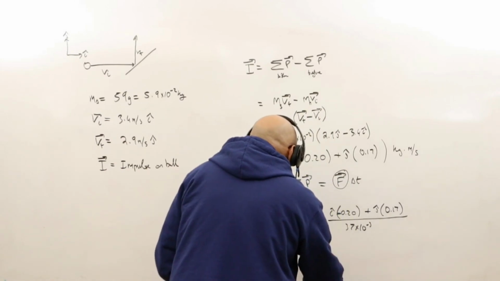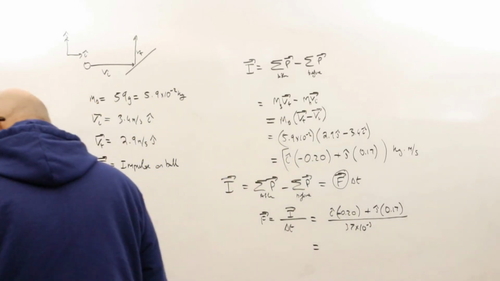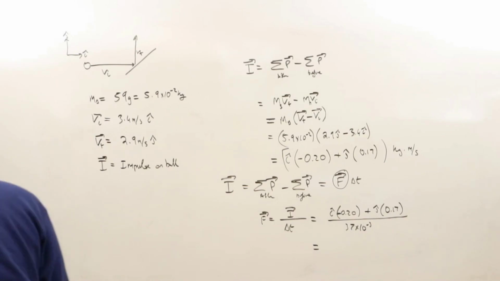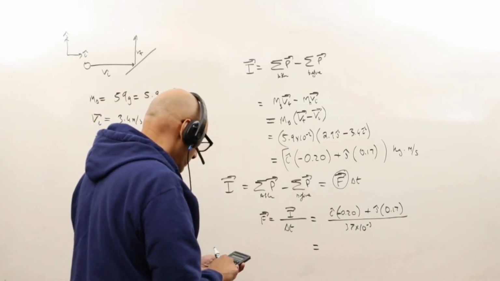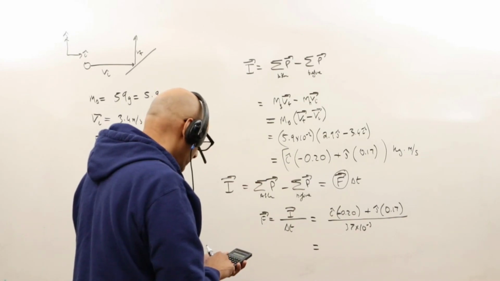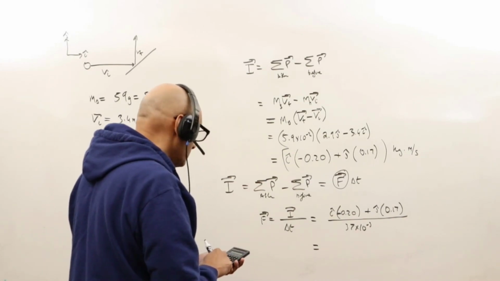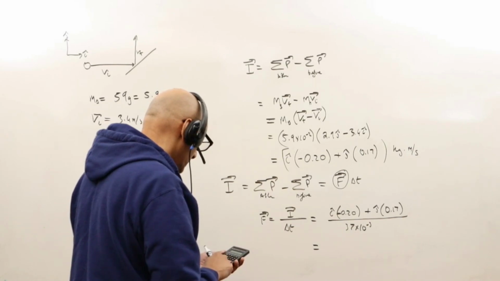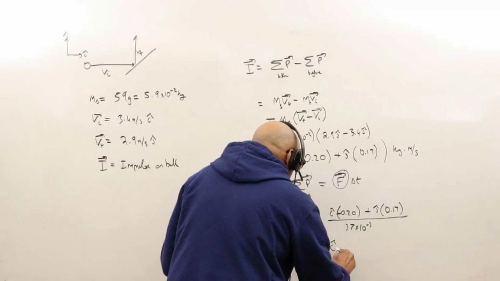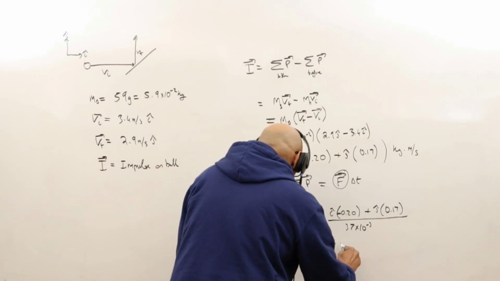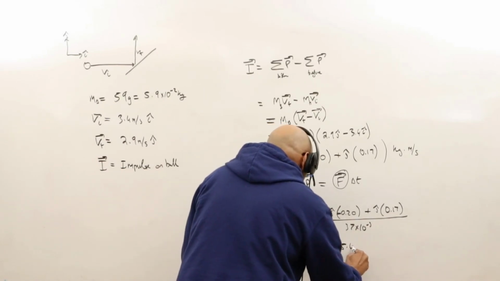So the total force we can calculate as 0.20 divided by 37 times 10 to the minus 3. In the i direction we get minus 5.4.